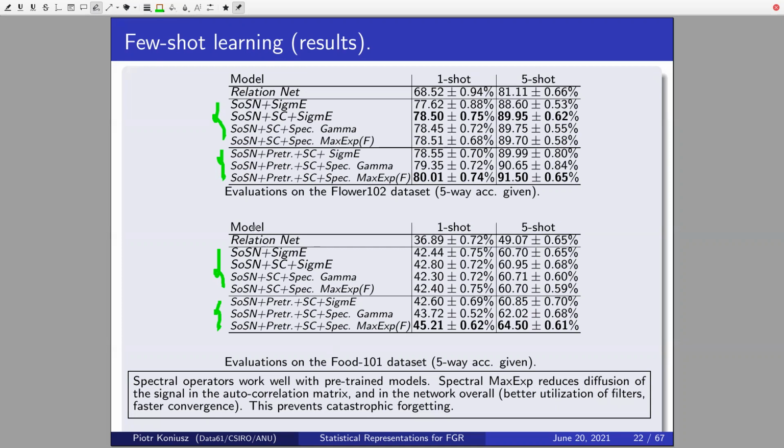What it means is that when we try to adapt the network to some new concepts, it essentially results in a better utilization of filters, because we decorrelate different feature coefficients, different channels of features, from each other. It means that as we update, only a few of them get updated, not all of them. I think this is a very interesting result.